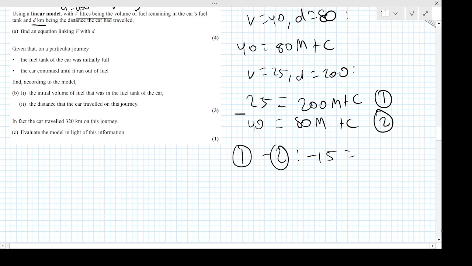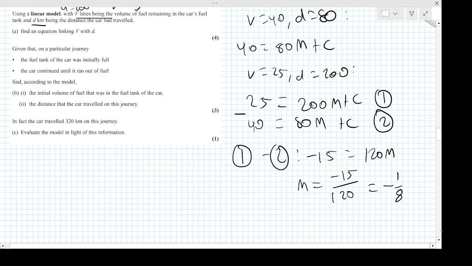Then 200m take away 80m is 120m. Then c take away c is 0. So that's what I'm left with. Well, that I can just divide by 120 to get m, because then m is minus 15 over 120, which goes to minus an eighth.